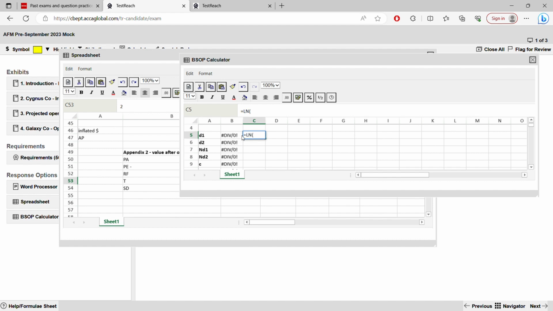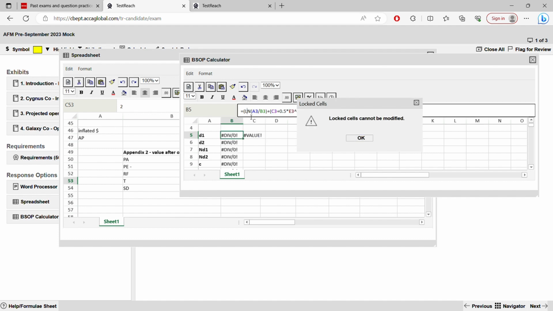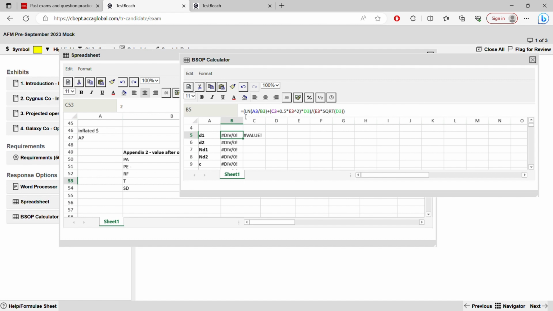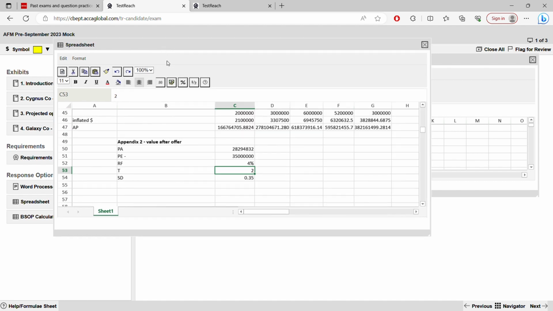Bracket. I just clicked the cell and I saw the functions. What is there? You see, it's ln. And for square root, they've used square root. So for ln, you have to use ln and click PA.